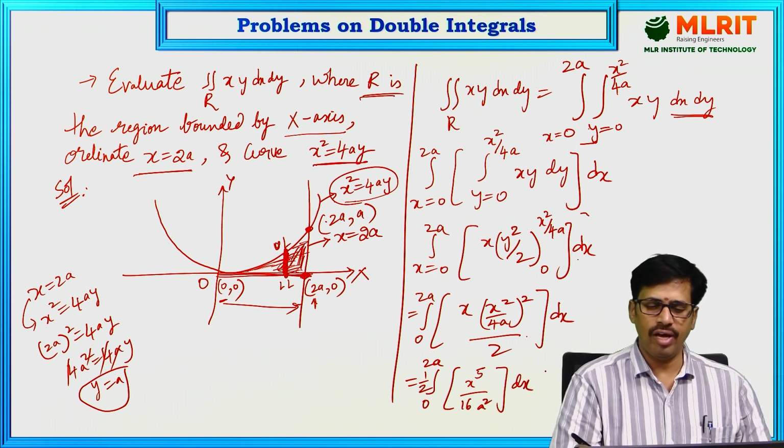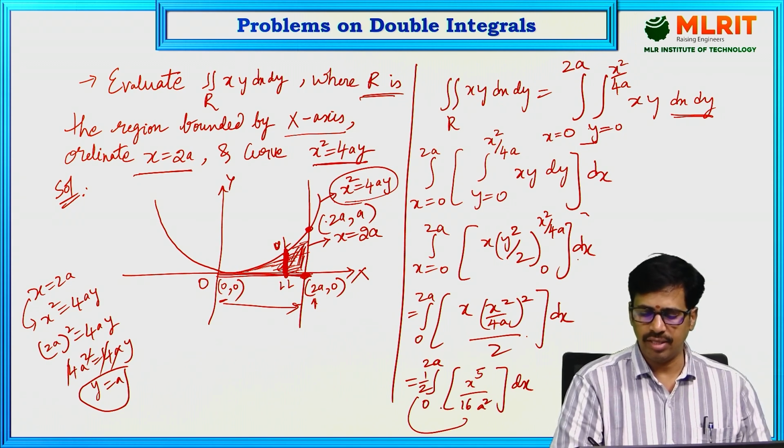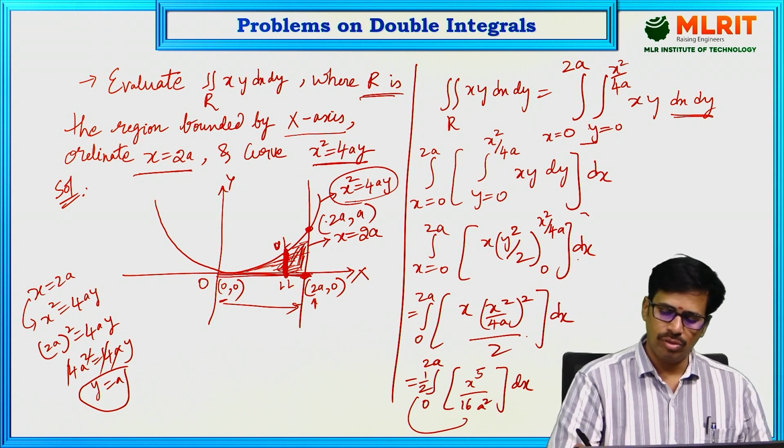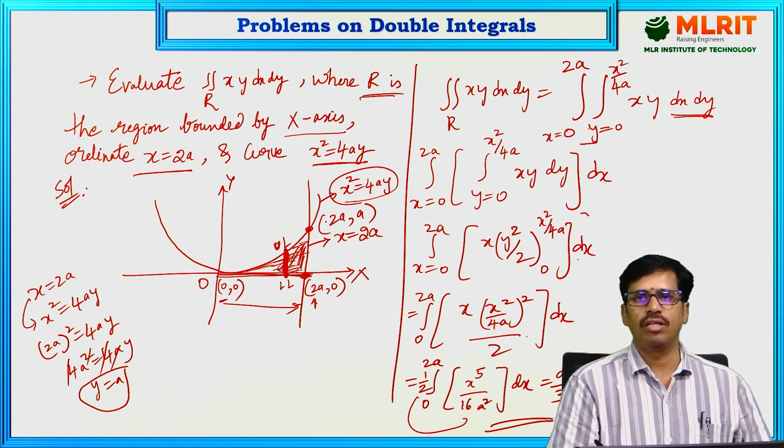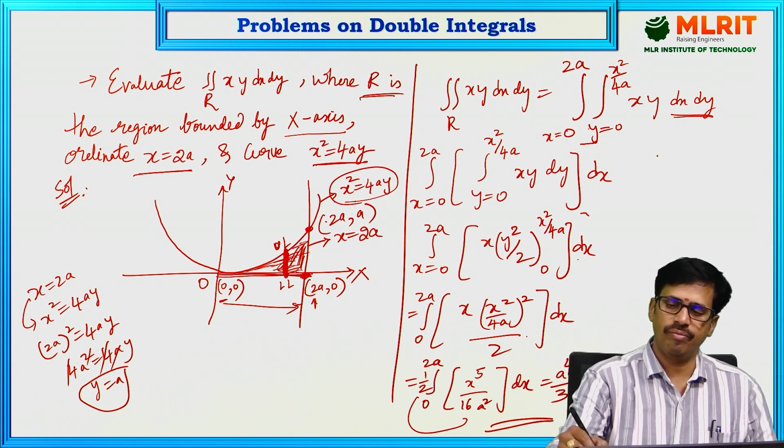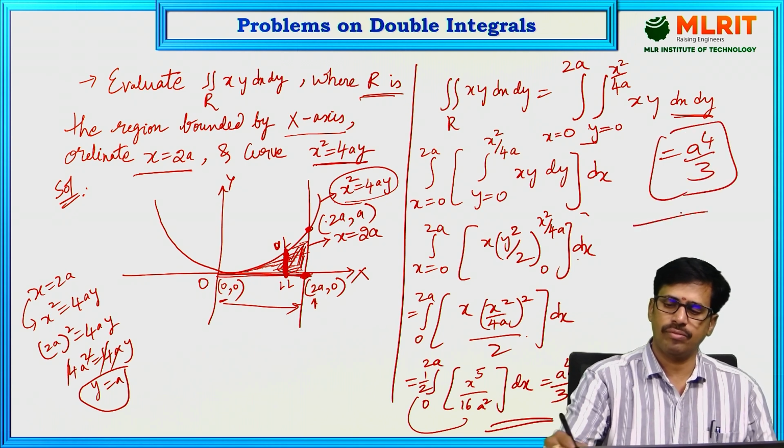So if you evaluate this, x power 5 integration is x power 6 by 6, so 1 by 16 into 2, so 1 by 32a square into x power 6 by 6, and substitute the limits for x, which is given as 0 to 2a. So if you simplify this, you get a power 4 by 3, right?